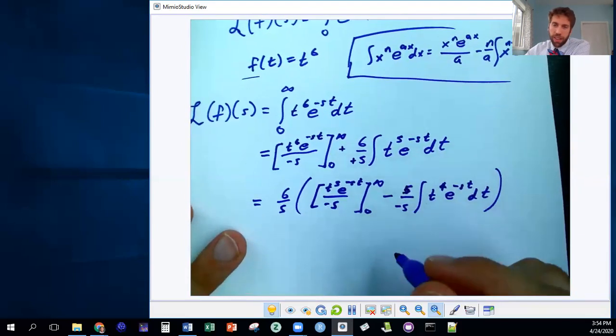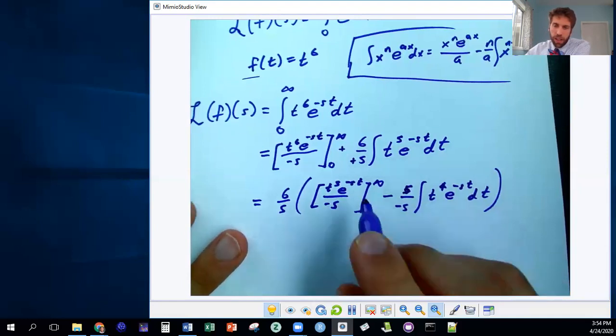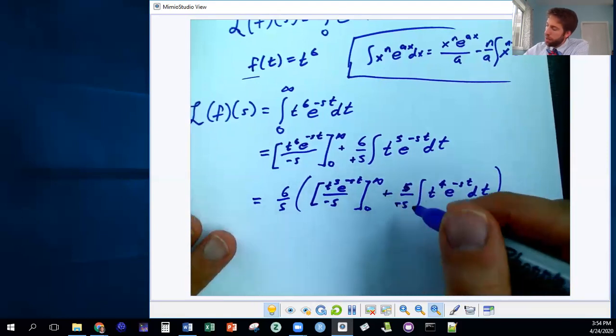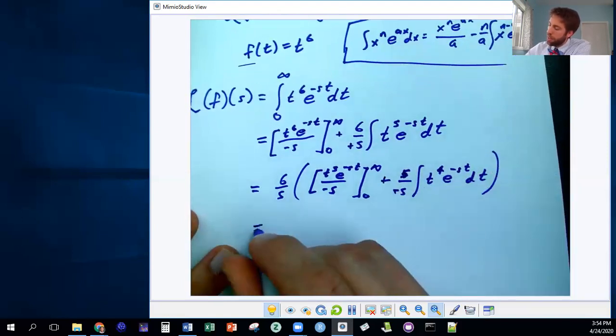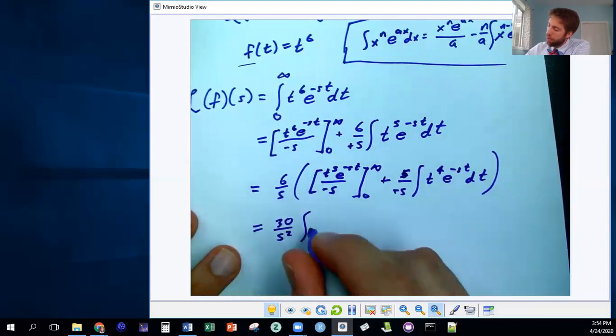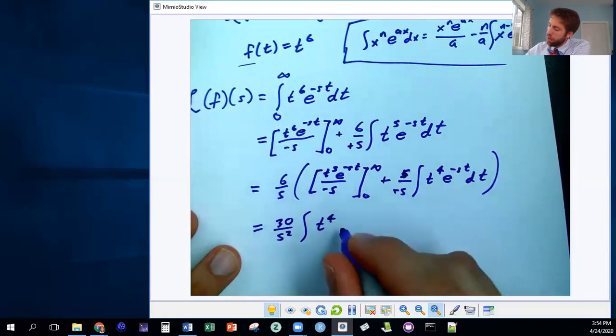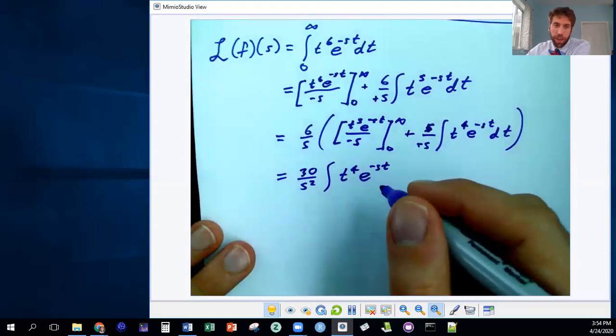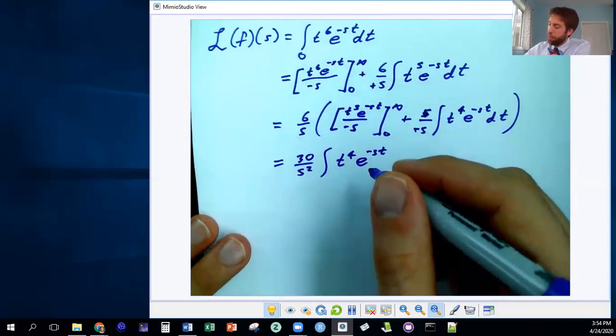All right, and then that's 0 again, and negative is positive. So simplify to get 30 over s squared times the integral of t to the 4th e to the negative st. Okay, well, let's keep on chugging.